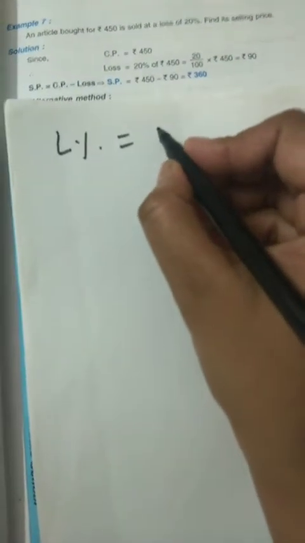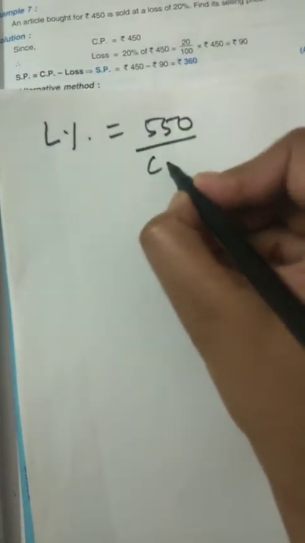Now we can easily find loss percent. We know that we find loss percent on cost price. So loss was given as 550, and we just found the cost price, which was 6050, into 100. We will solve this.